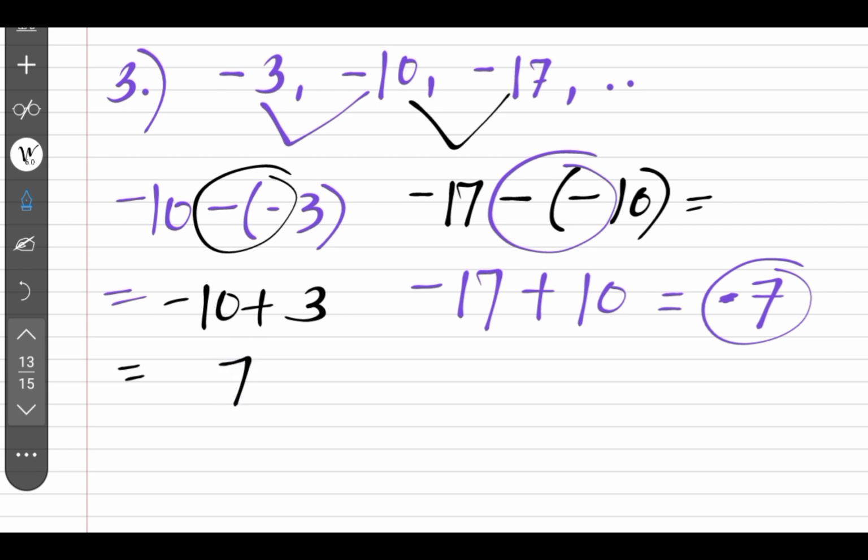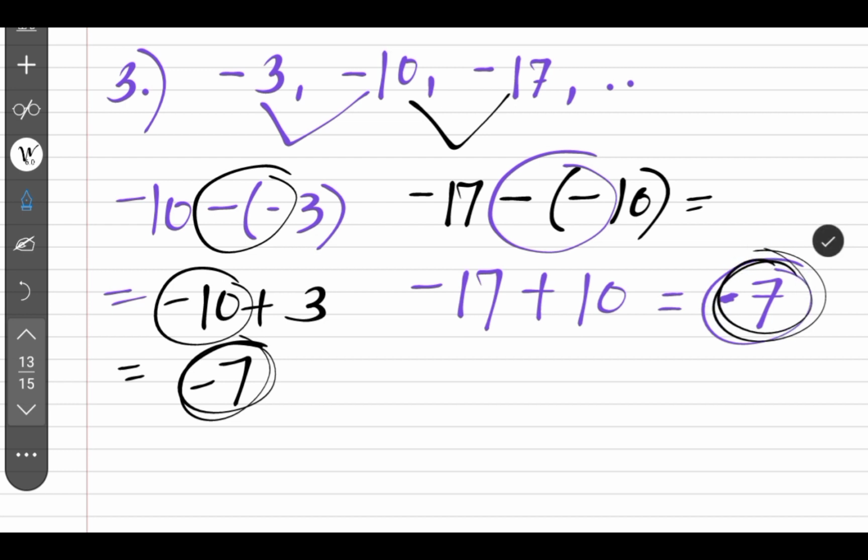The answer is 7. 10 minus 3 is 7. And the sign of the higher number is negative. So the answer is negative 7. So since the difference of this is also negative 7, the common difference is negative 7, and the given sequence is an arithmetic sequence.